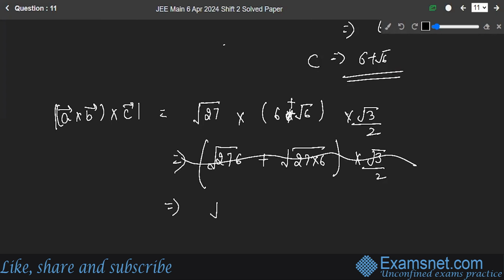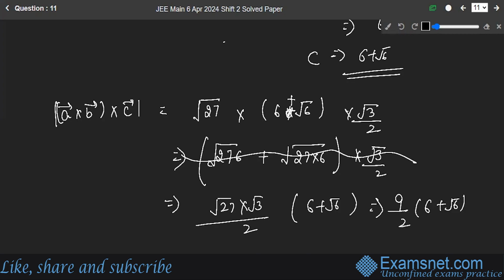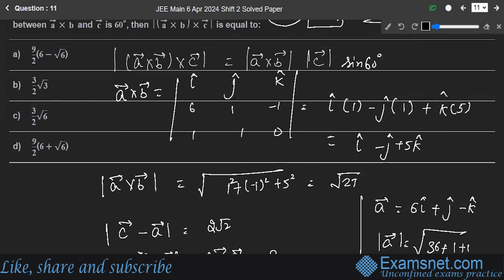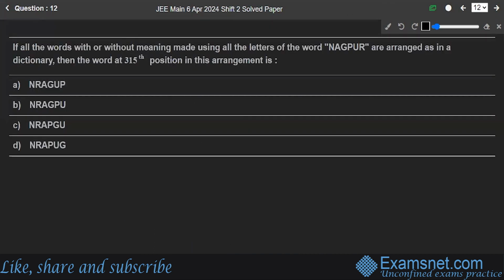This will be root 27 into root 3 upon 2, into 6 plus this. This is equal to 9 upon 2. Correct? You have the option. This is the right answer. Hope you got that. Let's move to the next question.